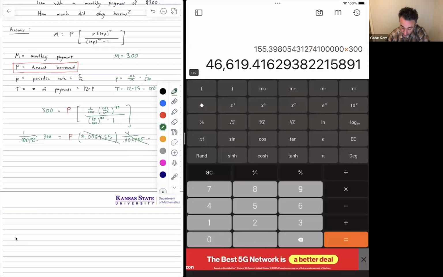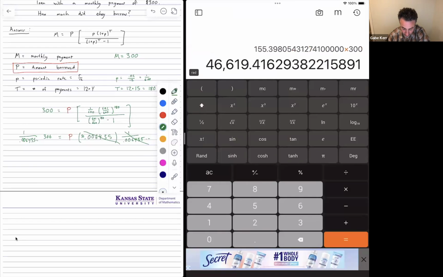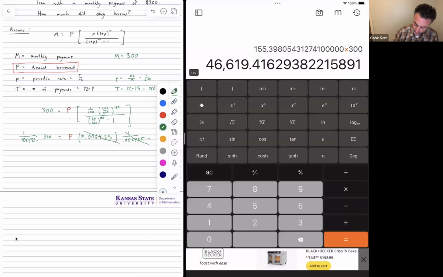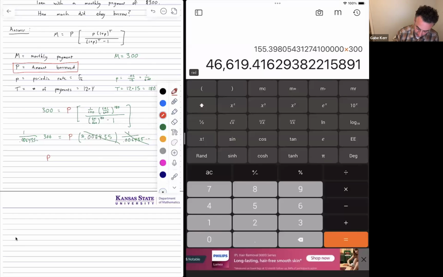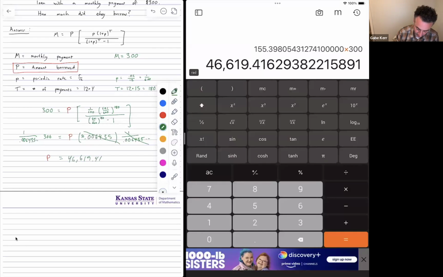And I get the total amount that was loaned. So let's take a look. So the total amount is then P equaling 46,619.41 cents. It's a strange number, strange loan, but that's what it is.